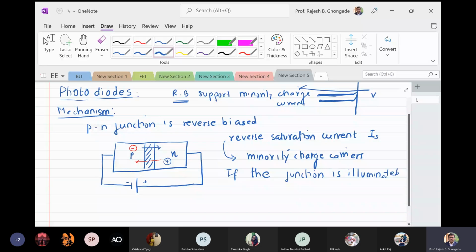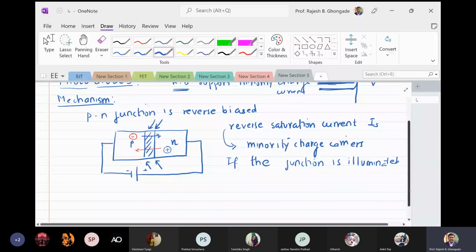So if I impinge light on this, what is light ultimately? It is a collection of photons. These photons give energy to these minority charge carriers, and more minority charge carriers will be generated. So this is basically the working mechanism.